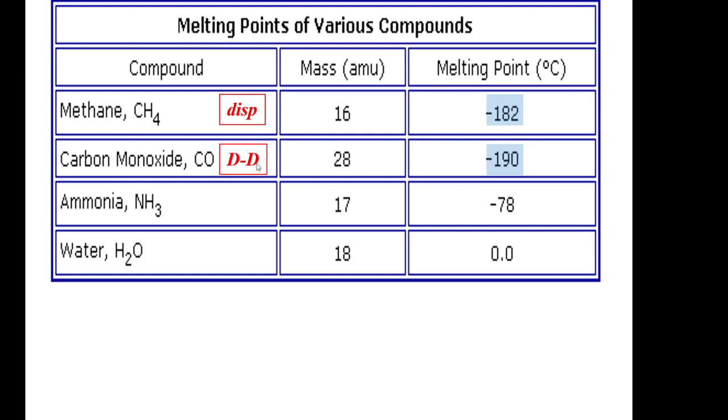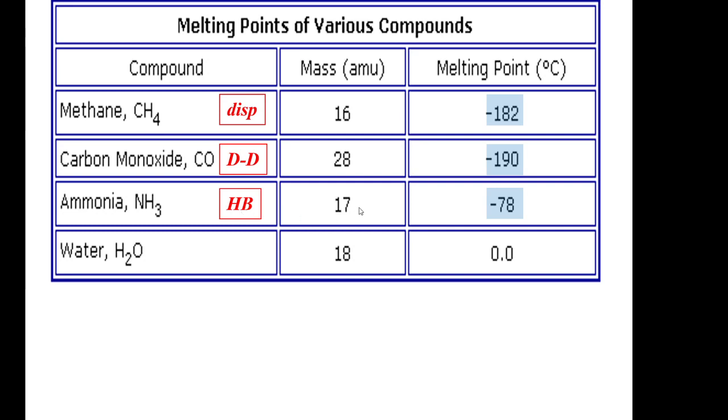Then we've got our dipole-dipole right here, carbon monoxide. This also has a very low melting point, but it has a bigger atomic mass, so keep in mind that that's why it is like that. Okay, and then hydrogen bonding.